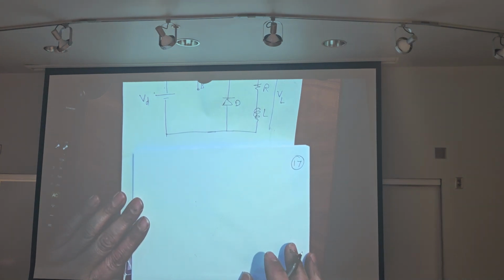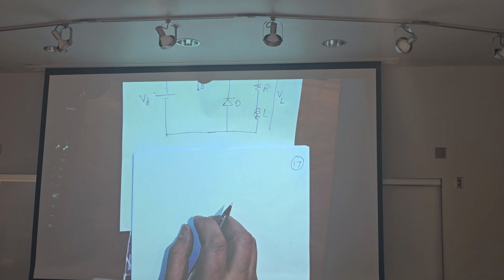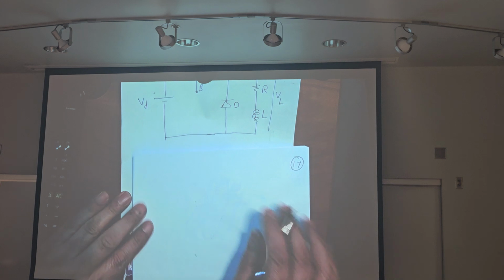We also have two modes. One mode is when the transistor is on, or the switch is on, and the second mode is when the transistor is off.